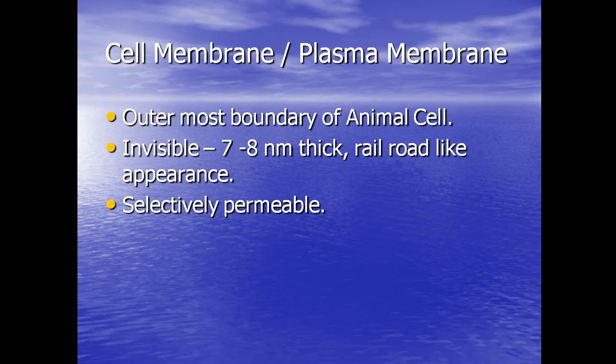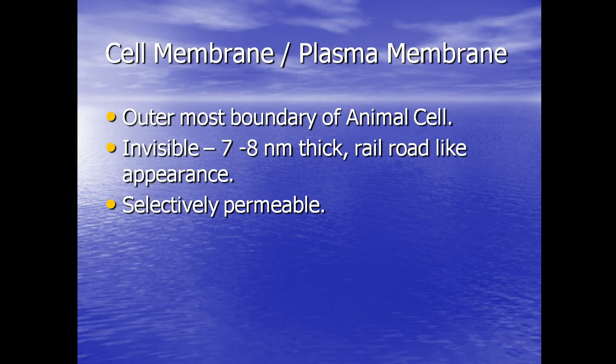Under the electron microscope, it appears like a railway track. Probably you have seen a railway track: two metallic bars run parallel to each other, and in between there are railings which connect them. So it appears like that.